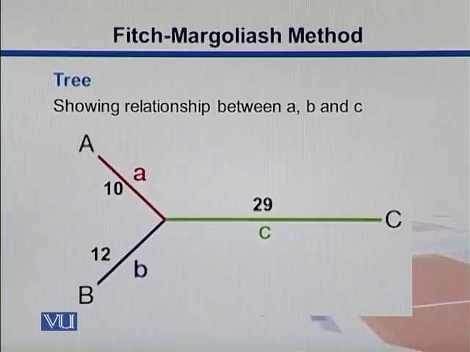So this small letter a is the branch length from this internal node to A, which is equal to 10, b goes to 12, and c goes to 29. Since we are assuming additivity, the distance between A and C is 10 plus 29, that is equal to 39. In the same way A and B are at a distance of 10 plus 12, 22, and B and C have a distance of 41.